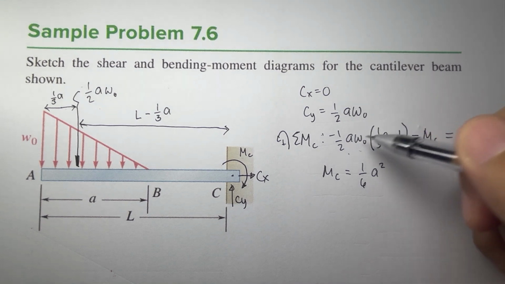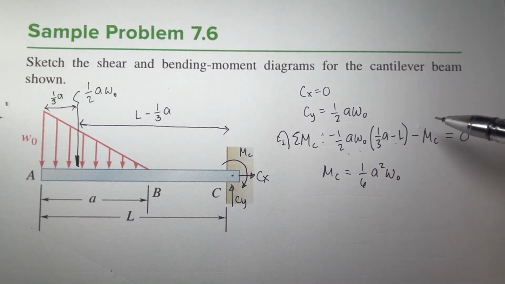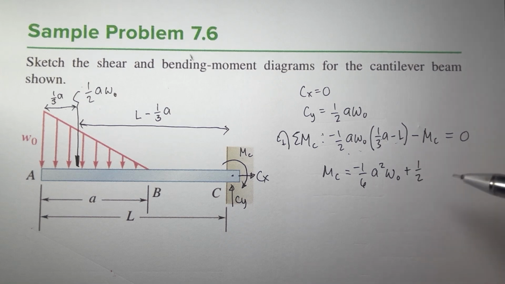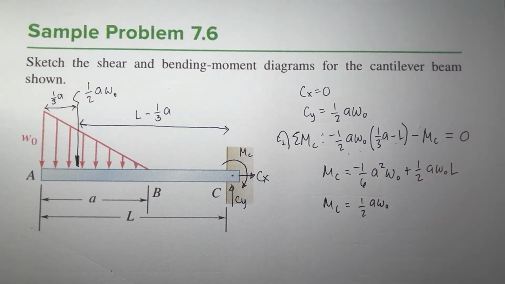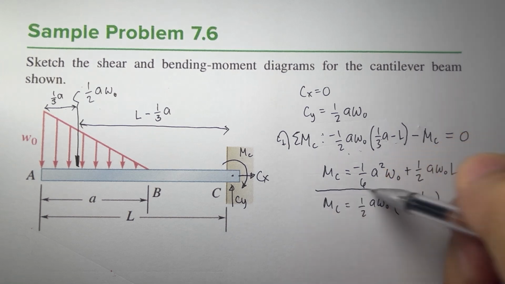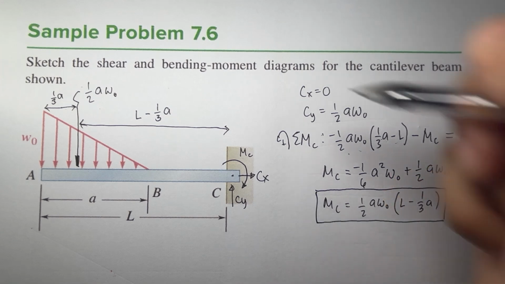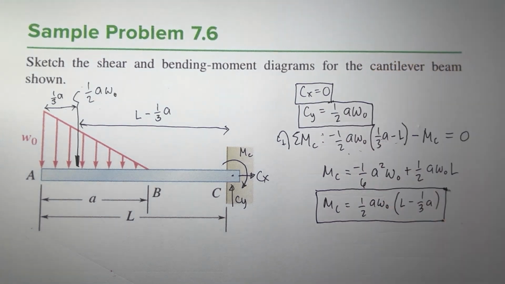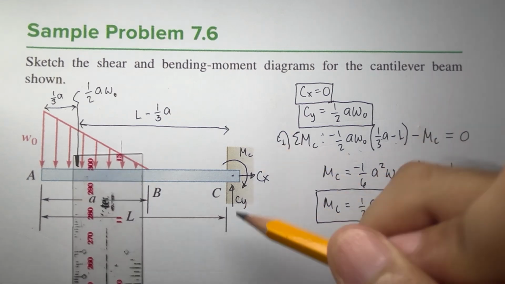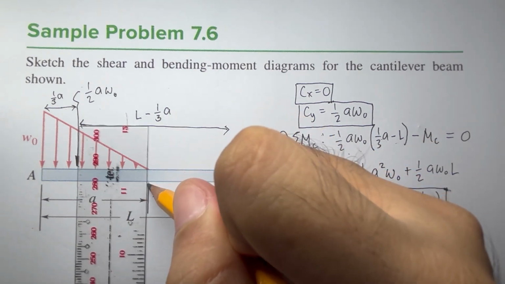We have negative 1/6 A squared omega naught plus 1/2 A omega naught L. We can simplify this as one term: MC is equal to 1/2 A omega naught times L minus 1/3 A. So we have the reactions at the support, these three here. Now if we proceed in drawing the shear and moment diagram, we simply extend these lines to create our graph.